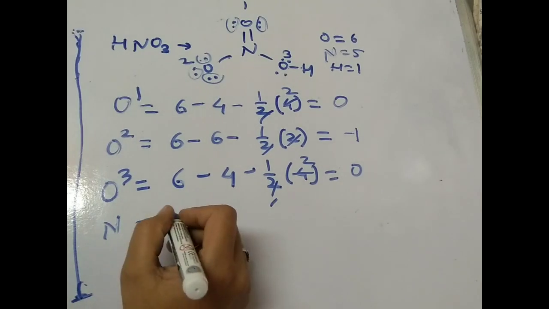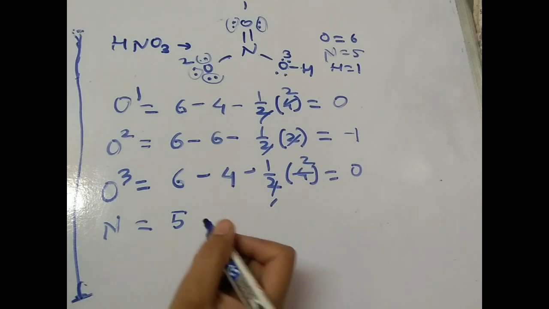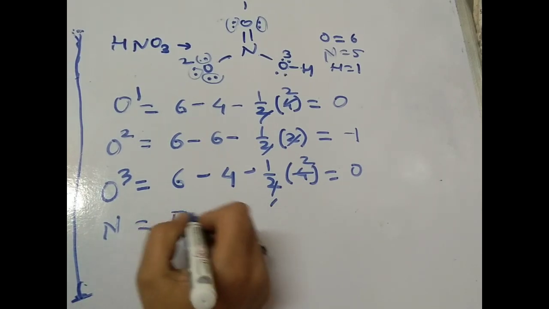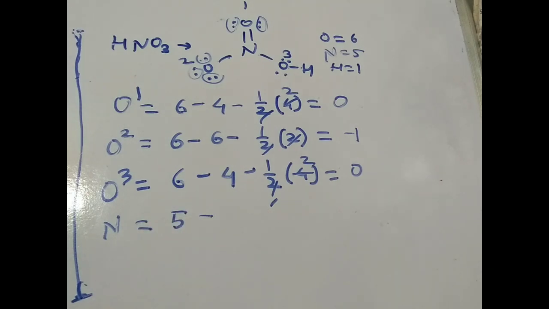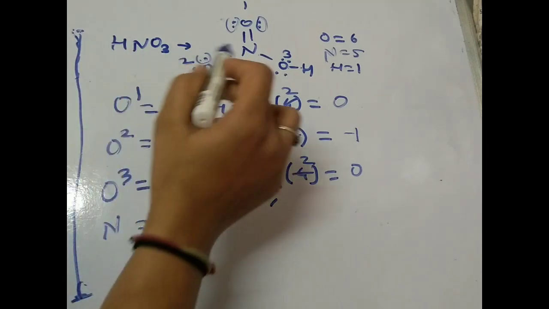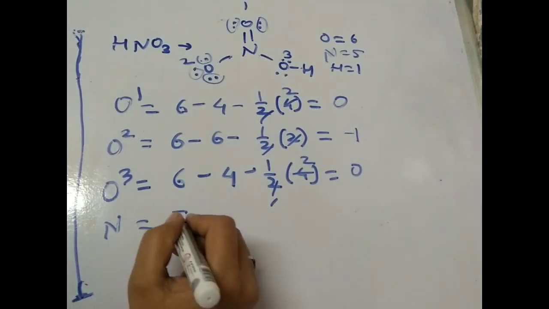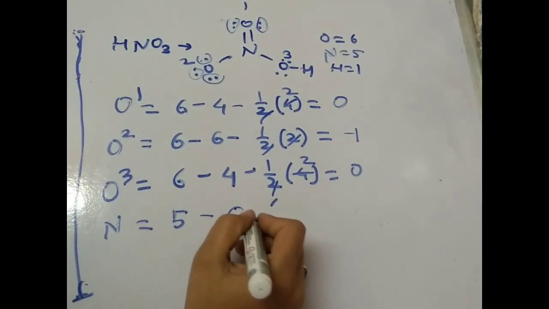Nitrogen has 5 electrons in its valence shell, so 5 minus the number of non-bonding electrons, which are nothing. The 1, 2, 3, 4 are bonding electrons, so the non-bonding electrons are 0.